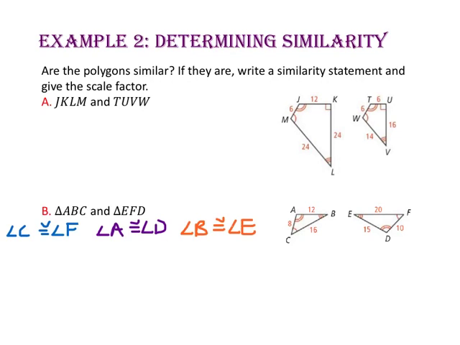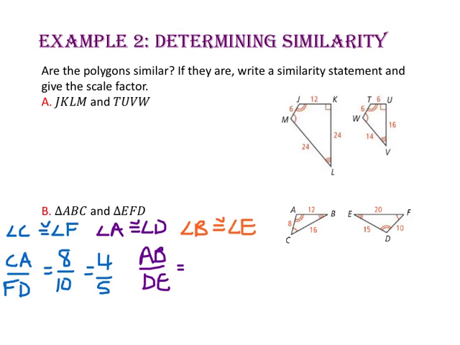Let's start with the shortest side, side CA and side FD. That will give us a ratio of 8:10, which simplified is 4:5. Our second ratio will go with the medium length side, side AB to side DE, for a ratio of 12:15.